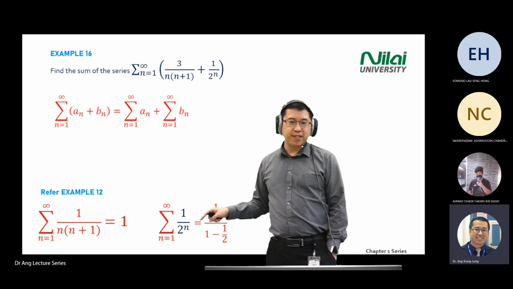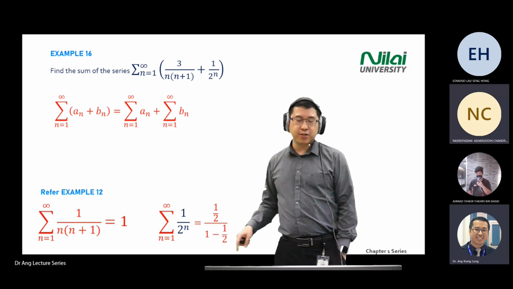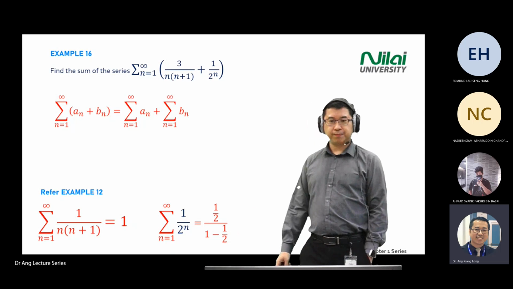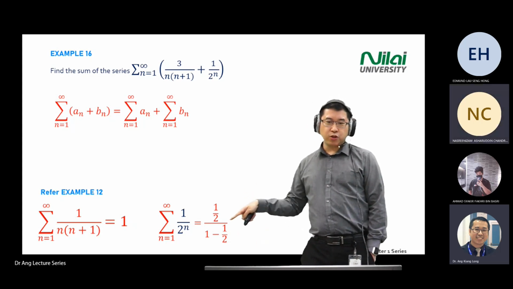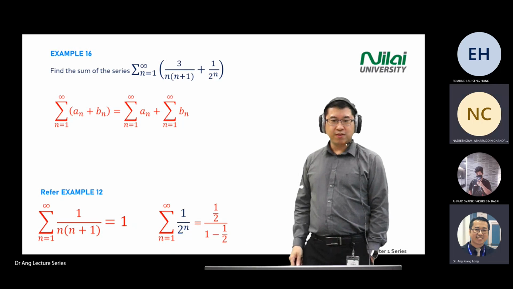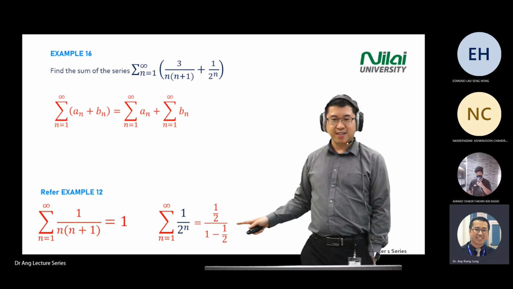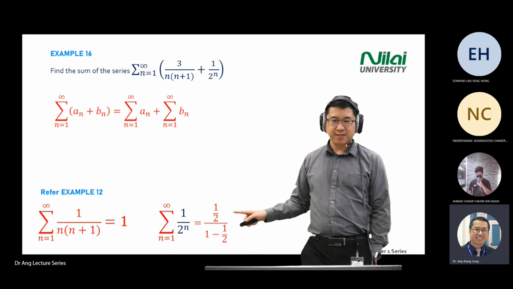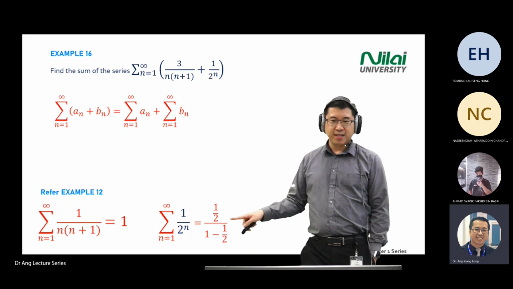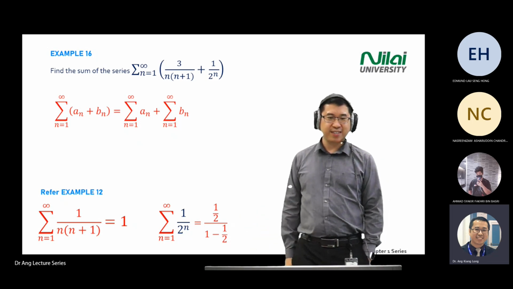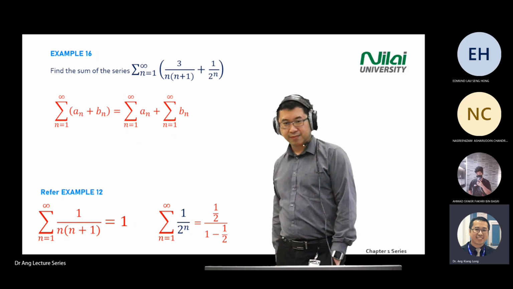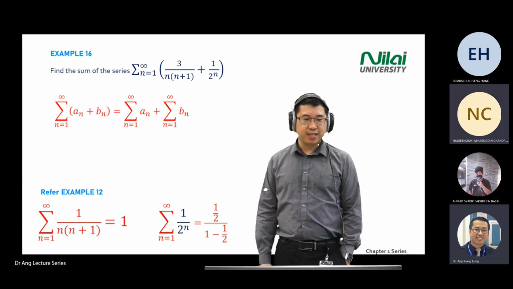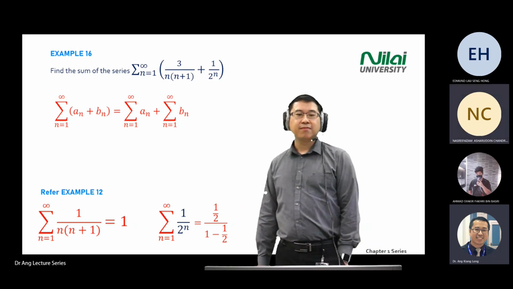1/2 power 2 divided by 1/2 power 1. So basically you take 1/4 divided by 1/2. So basically it's 1/2. So here 1/2 divided by 1/2, what do you get, Edmund? 0.5 divided by 0.5, what do you get? 1.